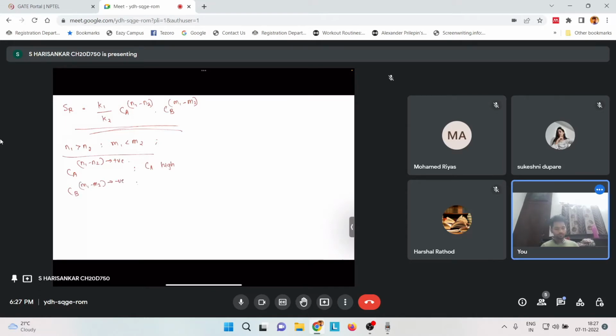So to increase the overall value of this Cb raised to m1 minus m2, we have to keep the Cb in low concentrations. So this is how we can increase or decrease the concentrations of the reactants in order to maximize our selectivity, right?